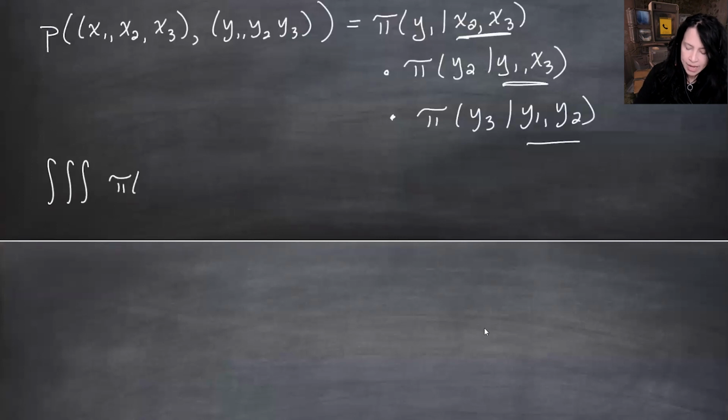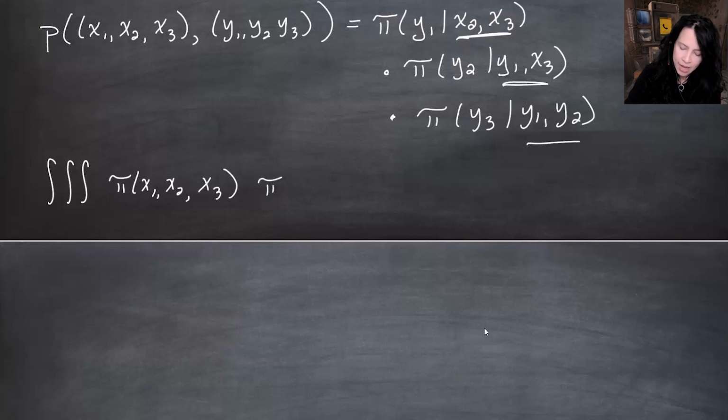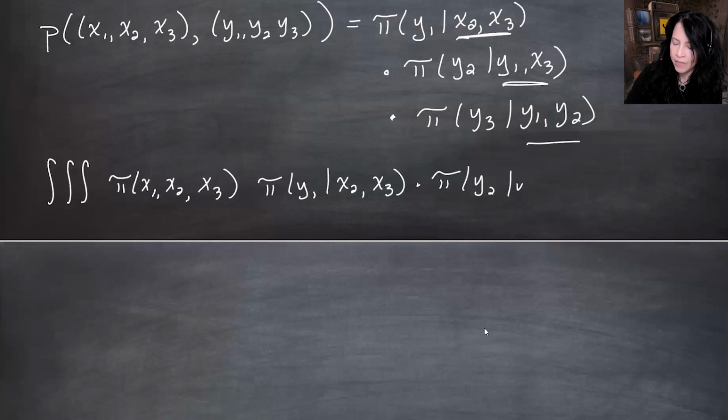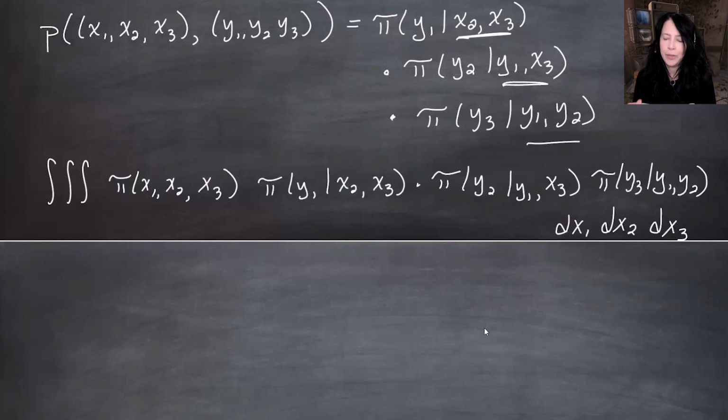I'm going to put a pi of x1, x2, x3, and then the P from x1, x2, x3 to y1, y2, y3, which we just worked out to be pi of y1 given x2, x3, pi of y2 given y1, x3, pi of y3 given y1, y2, dx1, dx2, dx3.